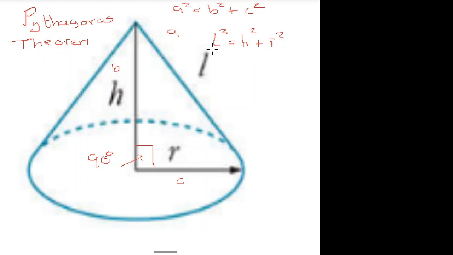So we can take Pythagoras' theorem and apply it to the cone. The length is the slant length of the cone, the height is the height here, and the radius is the radius here.